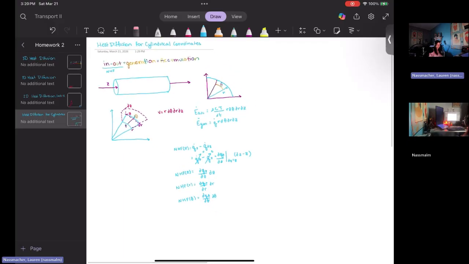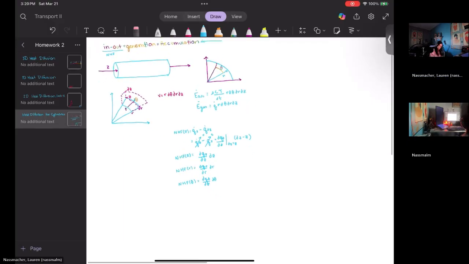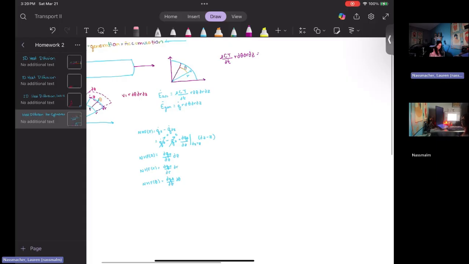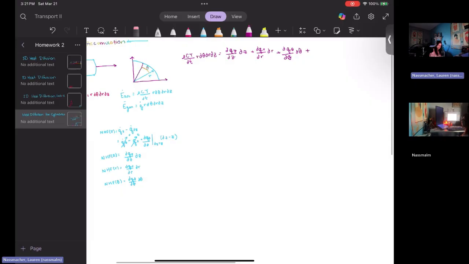Plugging that into our conservation of energy equation, we get that our energy accumulation, our density multiplied by our heat capacity over our change in time, multiplied by our volume, of course, is equivalent to our change in heat flow over our change in z multiplied by our change in z, our heat flow of our radius multiplied by our radius, our heat flow of our theta, and our change in theta, plus our energy generation, which is our heat flow multiplied by that volume.